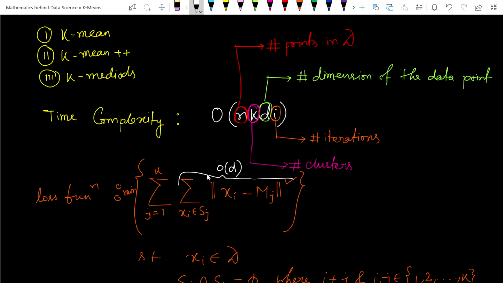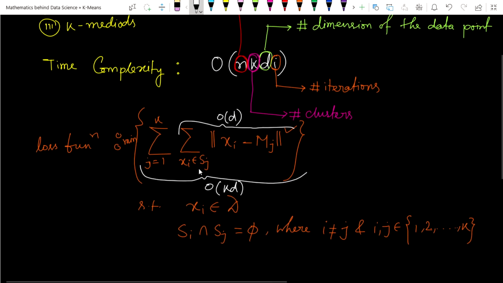Now for each data point, i is from 1 to n.